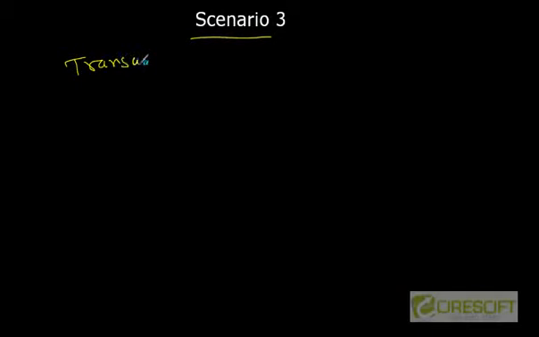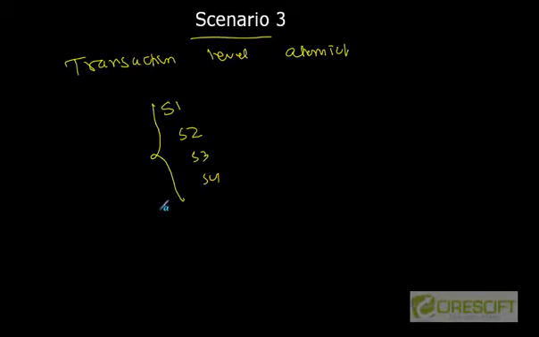Scenario 3 is transaction level atomicity, where SQL statements 1, 2, 3, 4 all together create a transaction, and if you commit, everything will be committed, or if you roll back, all those things will be rolled back. This is what atomicity is all about, and Oracle implements all three sorts of atomicity, from statement to procedural to transaction level atomicity.